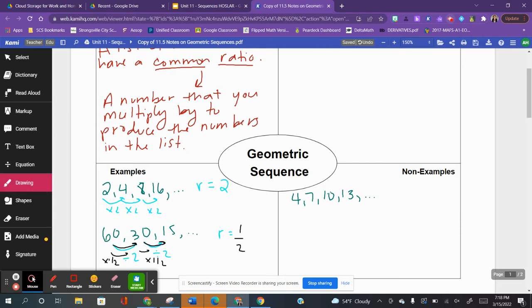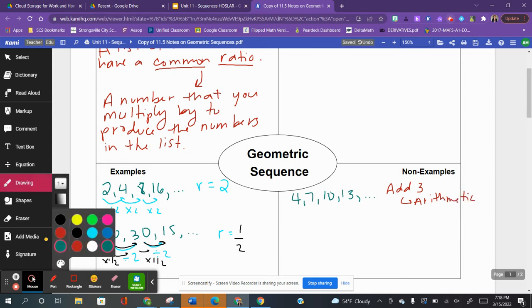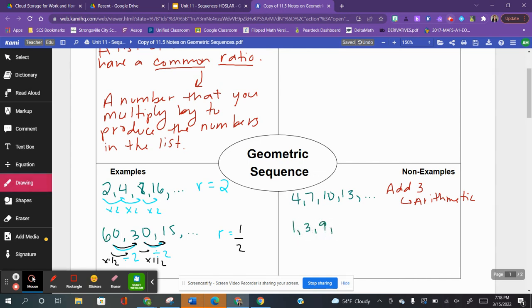All right, so some non-examples would be something like 4, 7, 10, 13. And why would this be something that is not geometric? Well, because I'm adding 3. And so if I'm adding 3, we said that this was arithmetic. Or if I had something like 1, 3, 9, 18, why would this be an example of something that is not geometric?